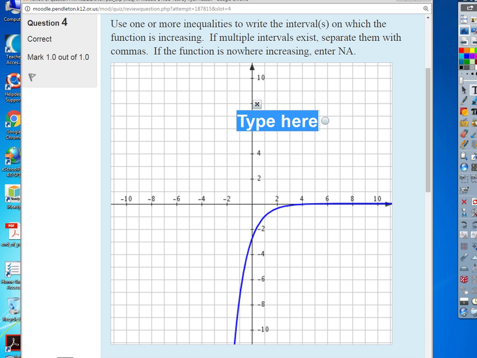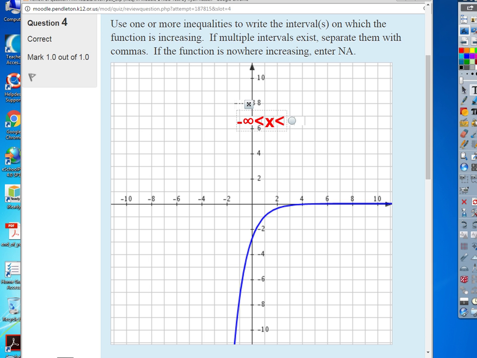Remember, that's the one where x is going to be greater than what? Negative infinity. And x is less than positive infinity. Right? Everybody agree?